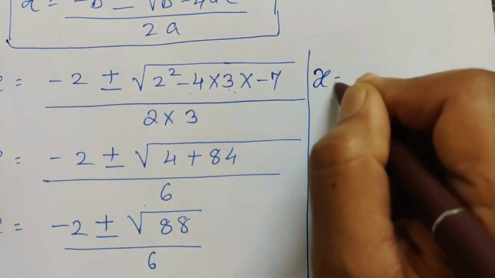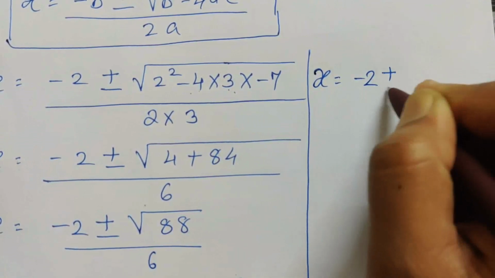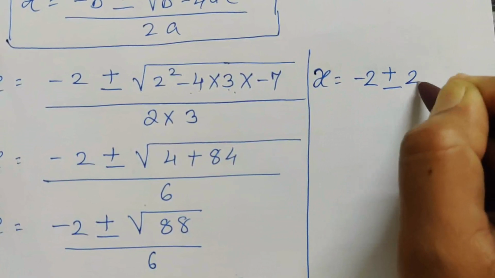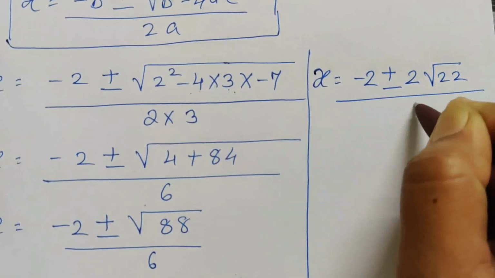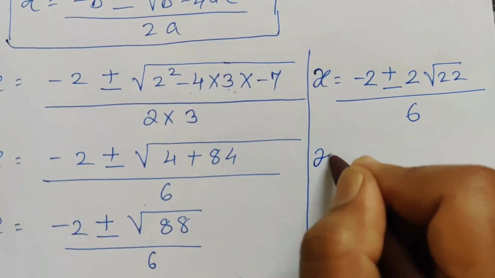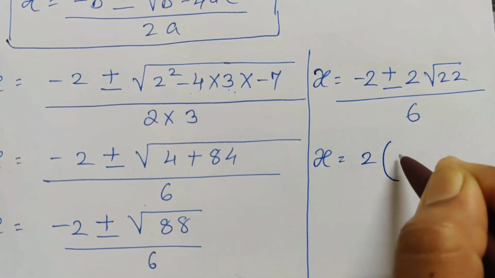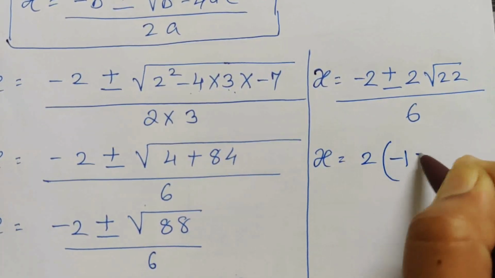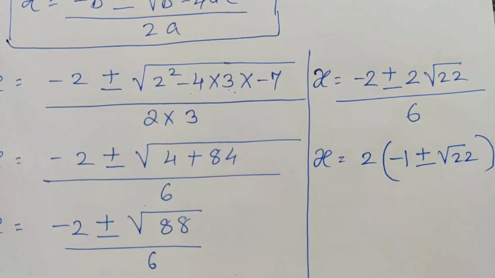X is equal to minus 2 plus minus 2 is the root of 4, under root 22 upon 6. We will take the 2 as a common factor. So x is equal to 2, here remain minus 1 plus minus root 22 upon 6.